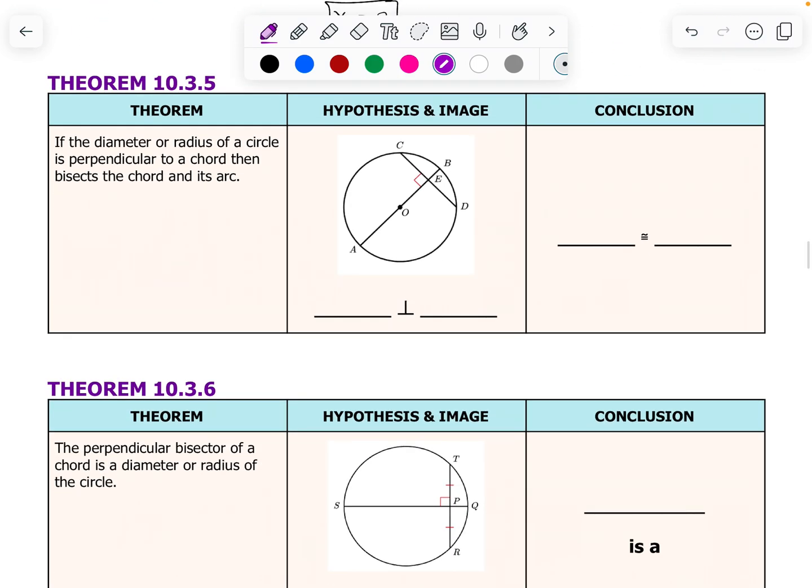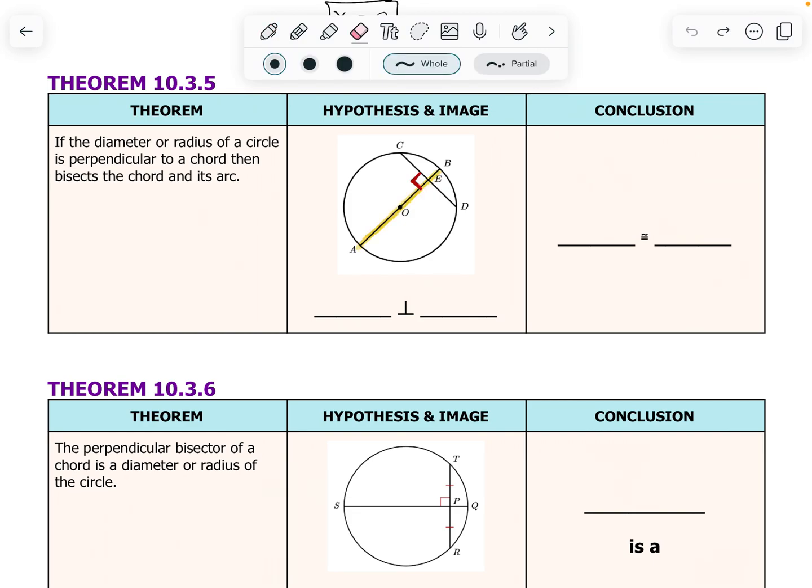Okay. For our next theorems, we are told what we can conclude about a segment if it is bisecting perpendicularly a chord. This says if the diameter or radius of a circle is perpendicular to a chord, then it bisects the chord and its arc. Because this segment right here is a diameter and it is meeting perpendicularly the chord CD, we know it is bisecting the chord.